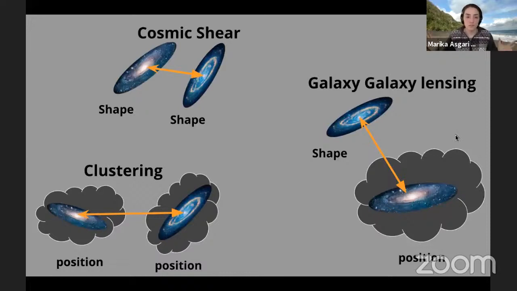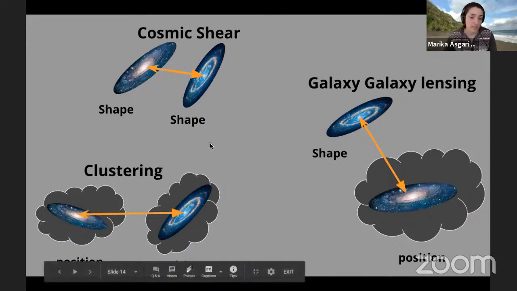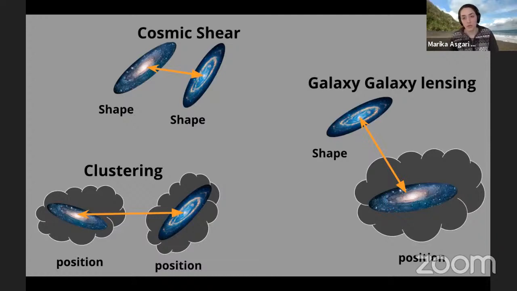Okay, so we see tension with cosmic shear, but we can use other probes of the large-scale structures as well. So with cosmic shear, we're looking at correlations between shapes of galaxies, but we could also correlate positions of galaxies to get galaxy clustering. So galaxies are tracers for matter, and their distribution tells you what the underlying matter distribution is.